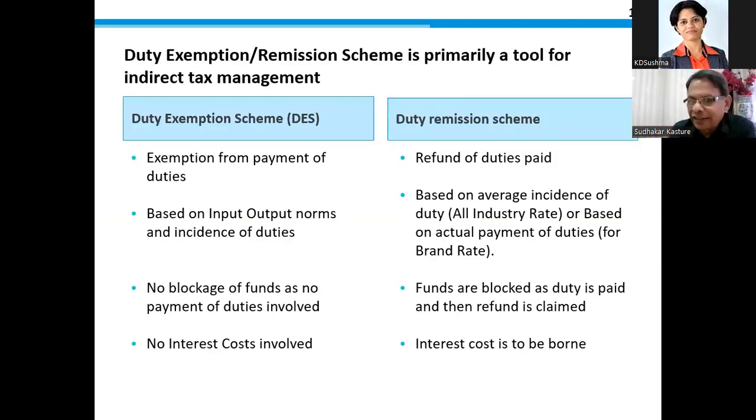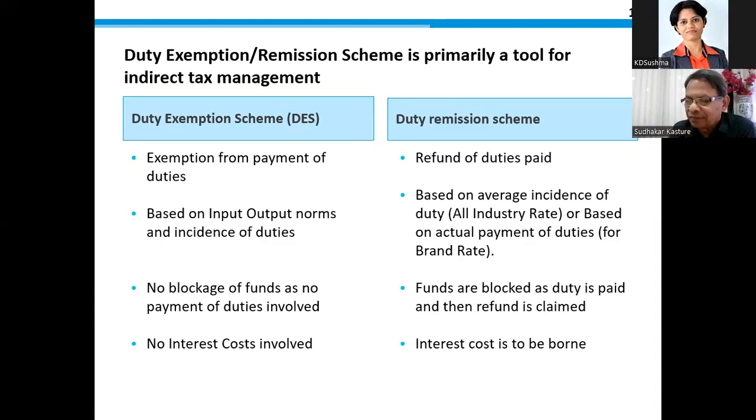So let's understand. Duty exemption scheme, commonly known as advance authorization, gives you exemption from payment of duties based on input-output norms. Yesterday we were discussing input-output, that for manufacturing of one shirt I require 2 meters of fabric. One shirt is my output, 2 meters is my input.